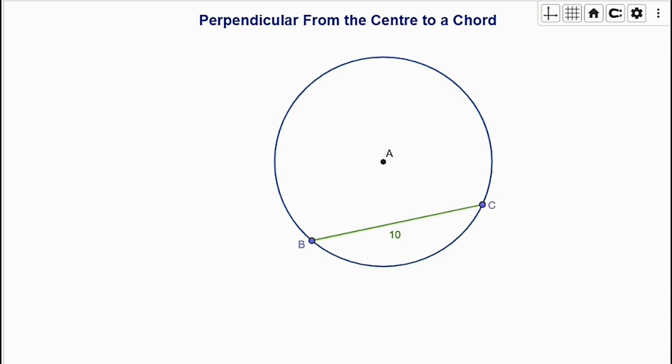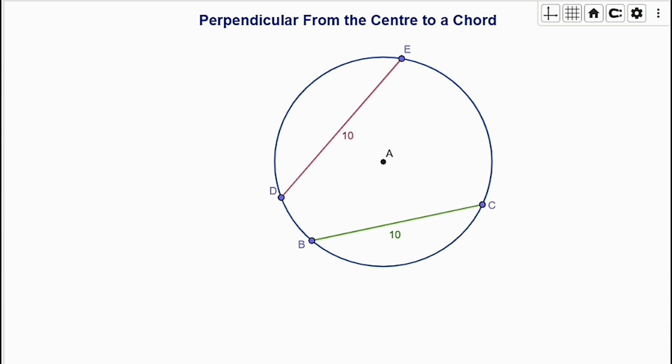We also take another chord: we draw a point D and a point E on the circumference of the circle and join these 2 points to get another chord DE, which is also 10 centimeter long.